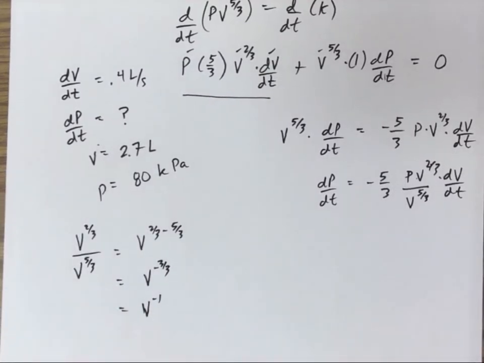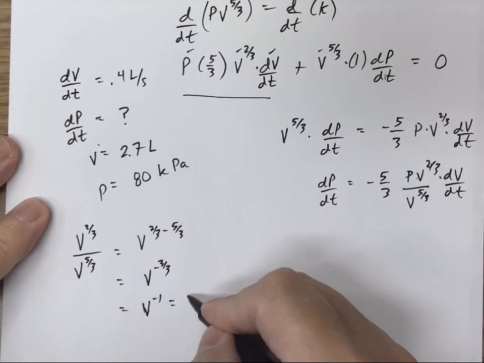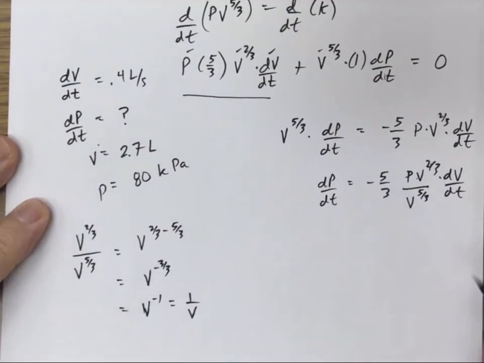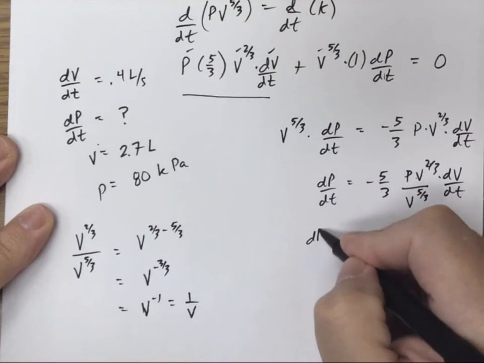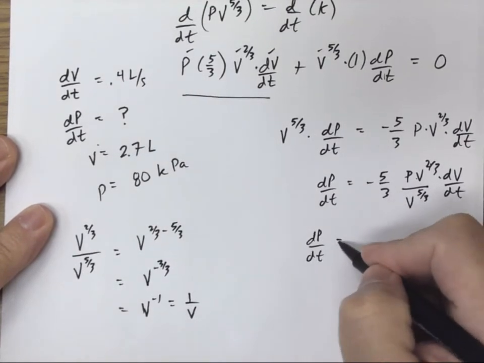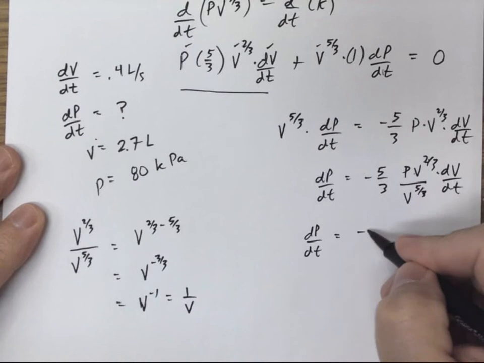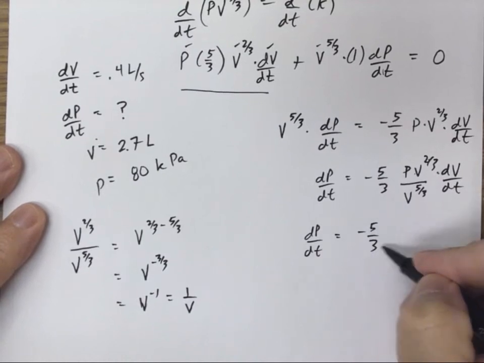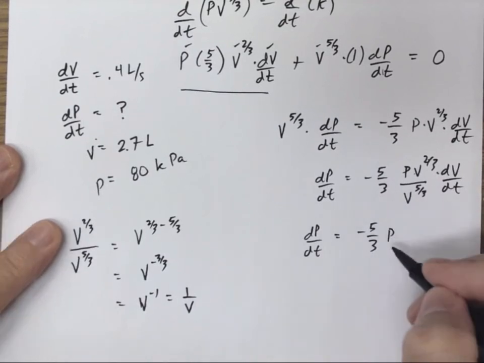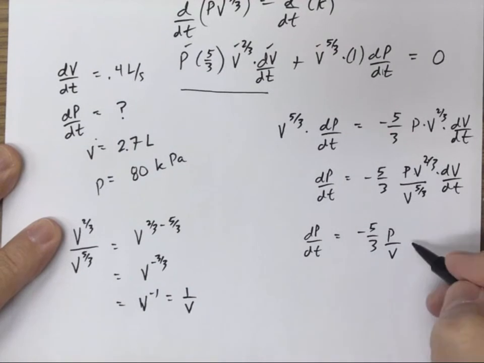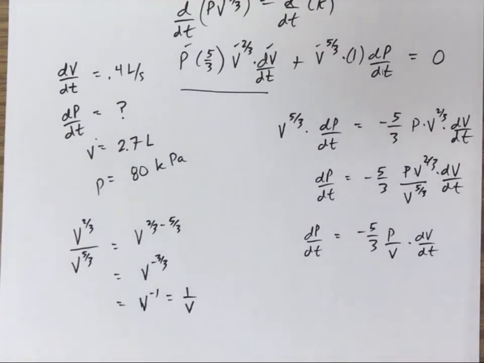That ends up being V to the -1, which basically is 1 over V. So this thing reduces down to negative 5/3 P over V times dV dt.